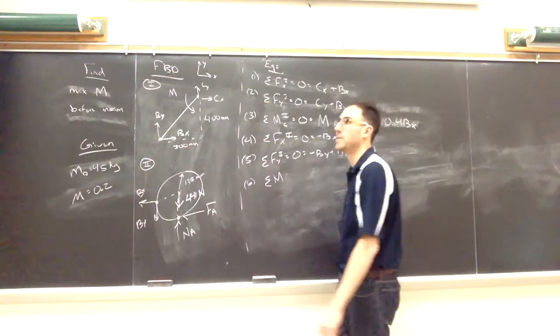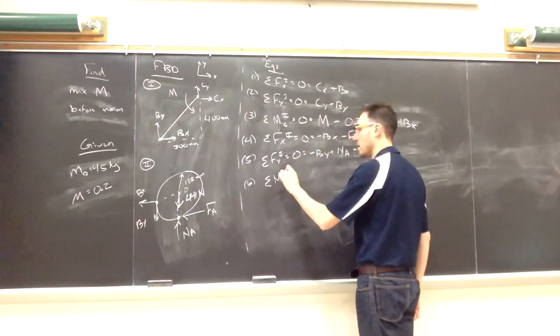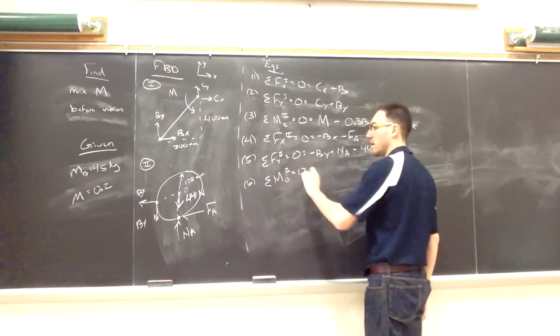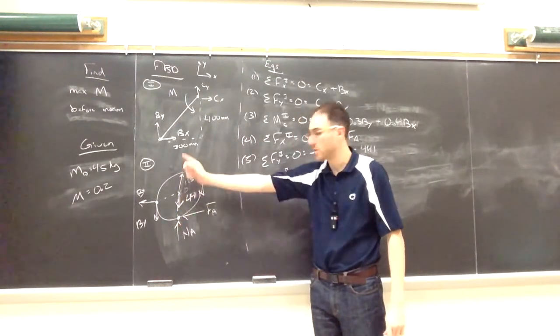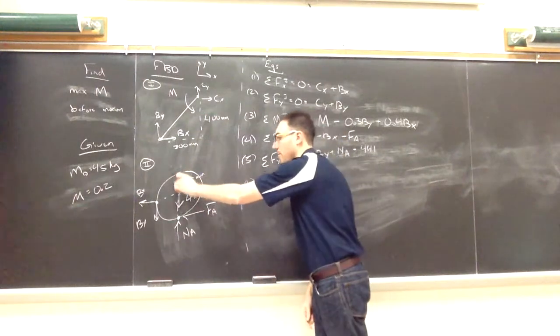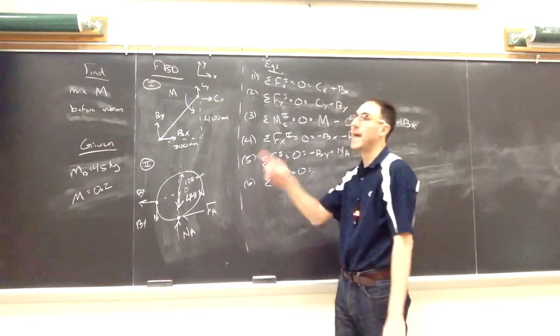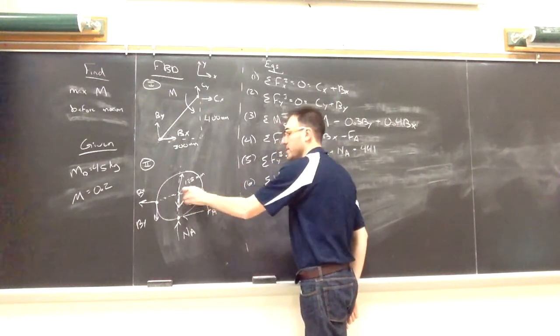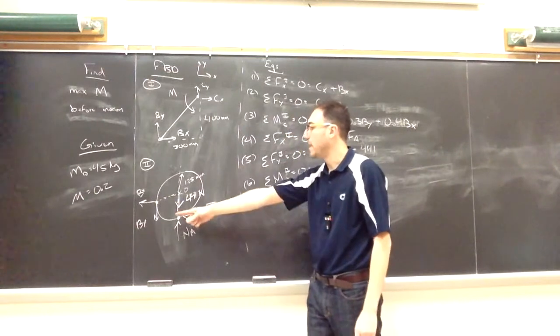And if I take the moment around a point, it doesn't have a name yet, so I'll call it point O. The weight force will not affect that. The normal force will not affect that. They both act through the diameter of my disk. Bx will also not affect it because it's going to have its line of action pass through O. By, though, will.